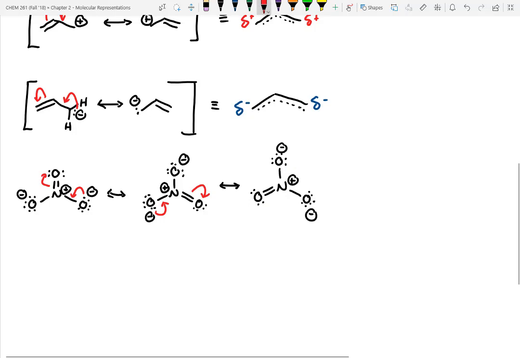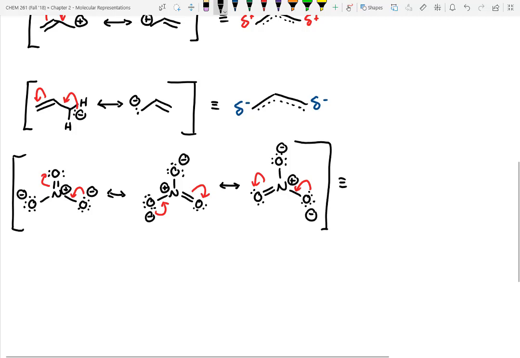So you're just saying, why don't we do something like that? If you do that, then you have more than an octet on the oxygen. So you do have to be pretty careful with how you do these. It's really easy to make those simple mistakes when you're first doing resonance structures. So I always say, if it helps you to draw all your hydrogens and lone pairs, absolutely do it. Okay, so these are all 3 that I can think of for nitrate.